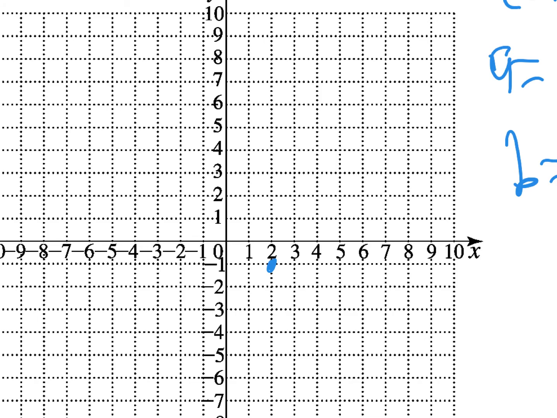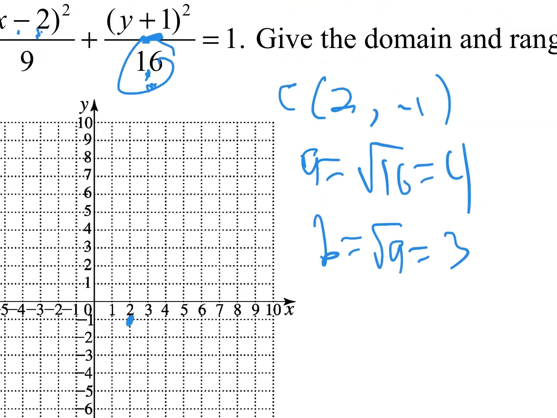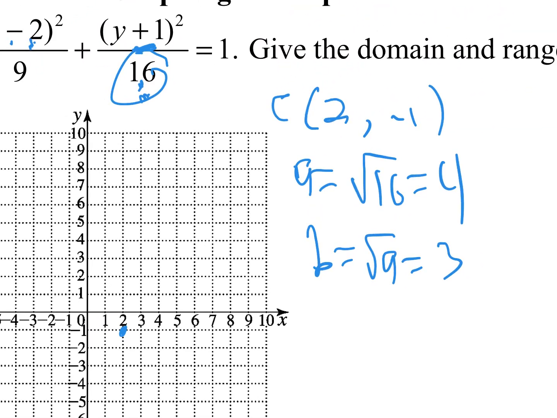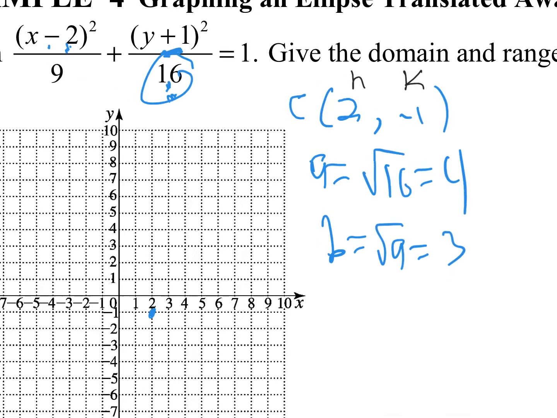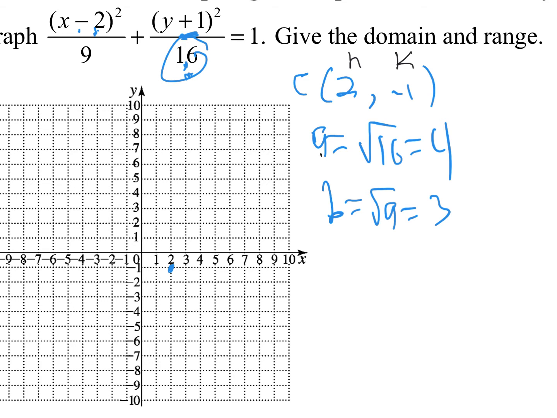That's my H, K, okay? This is my H. Let's see if it works, the formula that I gave. This is my K. So to get to my vertices, first of all, this is vertical. So that means my major axis falls on this dotted line.